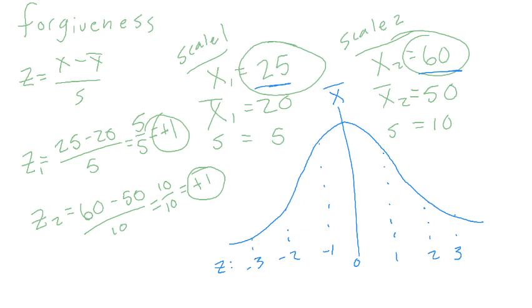But let's consider our other scales. Let's consider the first scale and the second scale here. For the first scale, we have a mean of 20 with a standard deviation of 5. So if we move up in our z-scores or up in our standard deviations, we're moving in units of 5. Likewise down here, our center is 50.